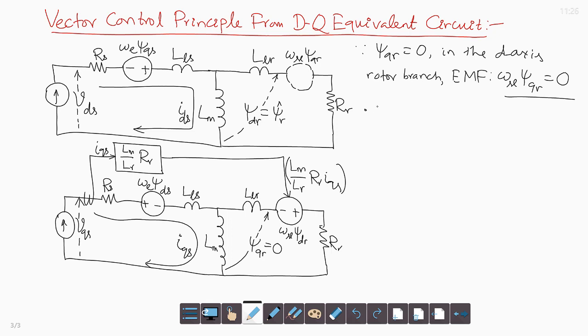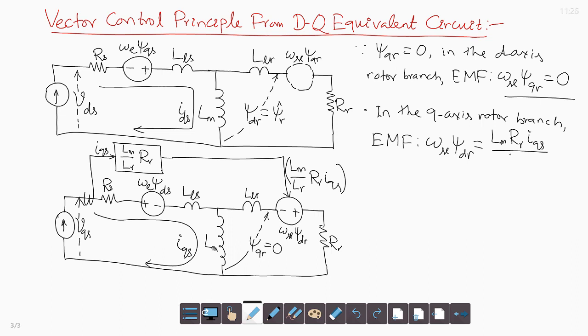And the EMF omega SL in the Q axis rotor branch, which is omega SL into psi dr, using the omega slip relationship, it is Lm RR into IQS divided by LR.